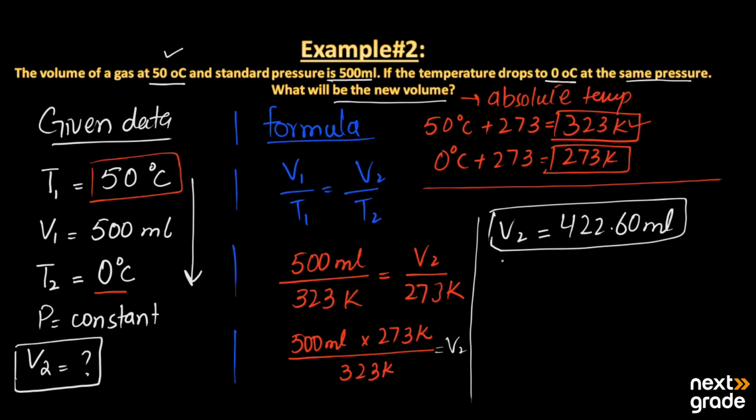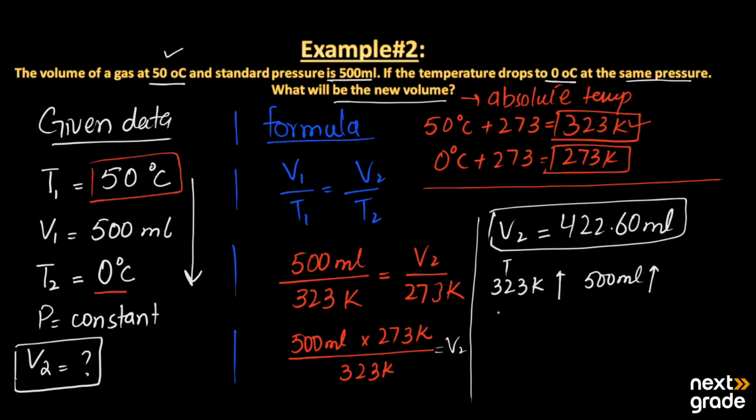In this, we have just seen that when the temperature is 323 Kelvin, the volume of the gas is 500 ml.